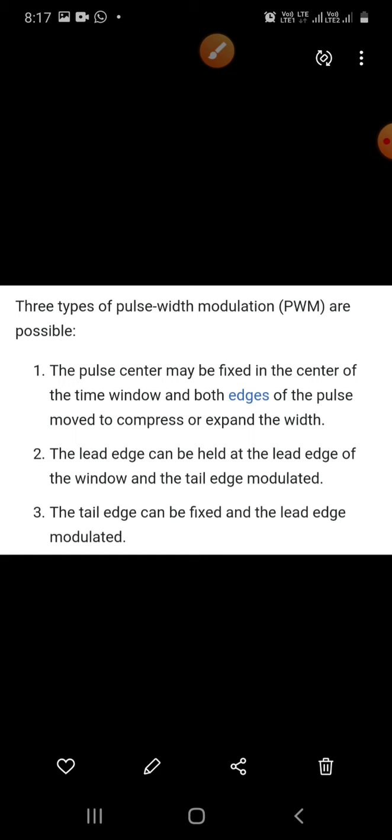The second one is that the lead edge can be held at the lead edge of the window and the tail edge modulated. The next type of PWM is that the tail edge can be fixed and the lead edge modulated. So these are the types of PWM modulation.